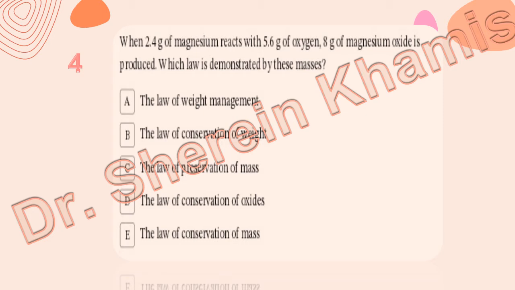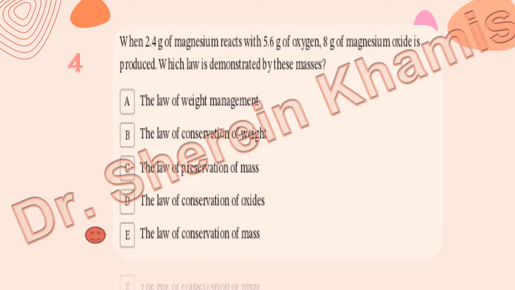We have 2.4 plus 5.6 giving 8 as a product, so the total mass of reactants equals the total mass of products. So it is the law of conservation of mass, قانون ثبات النسب الكتلية.